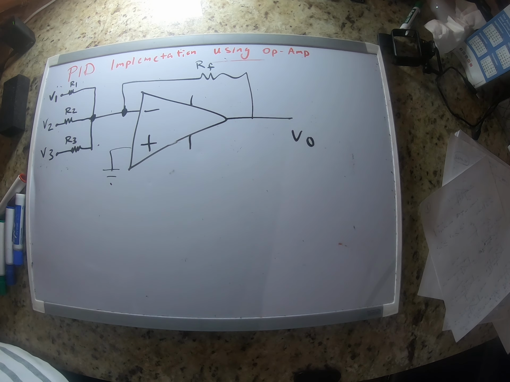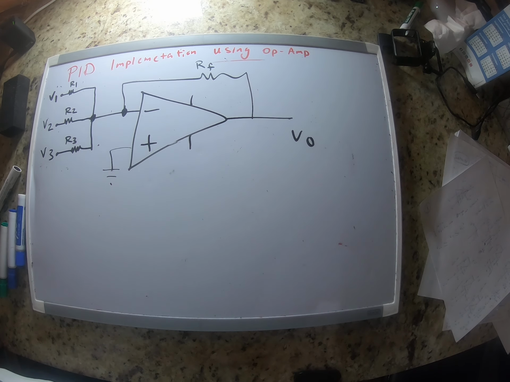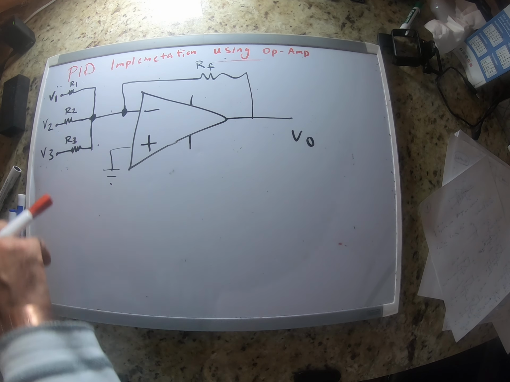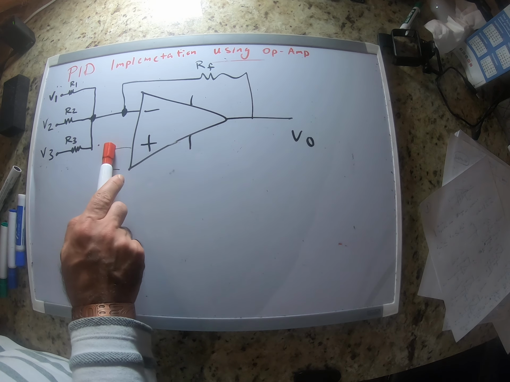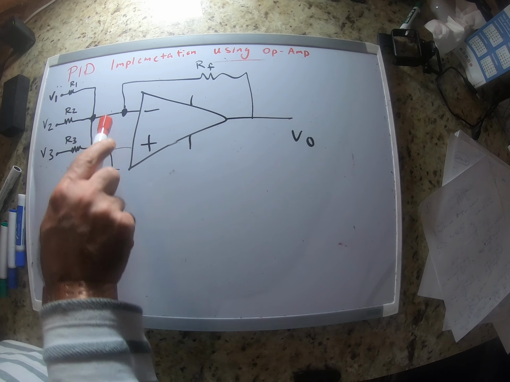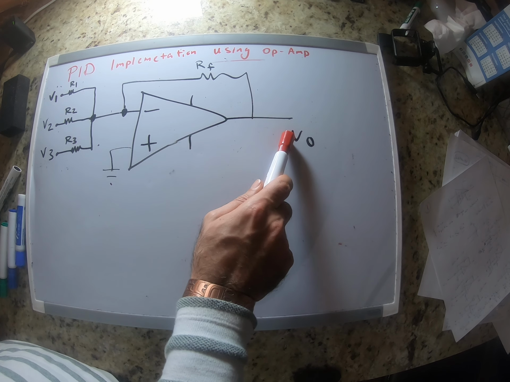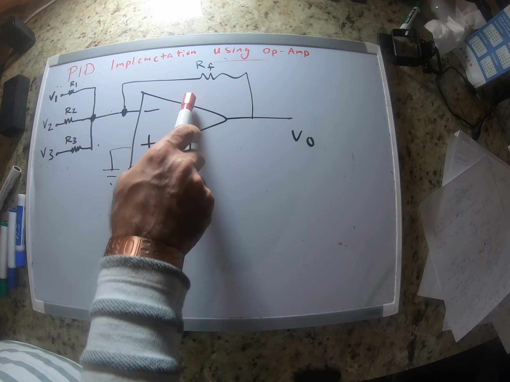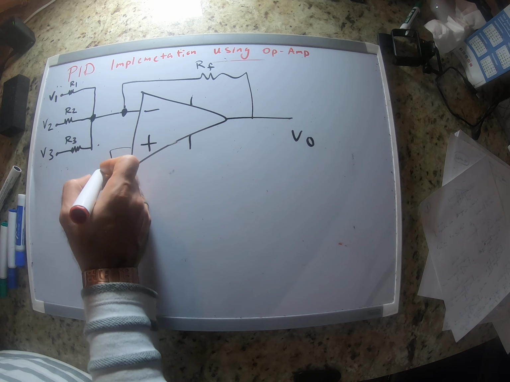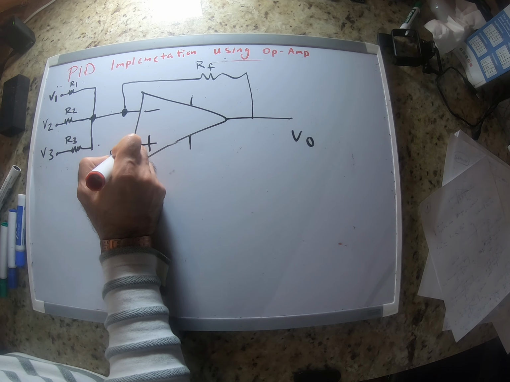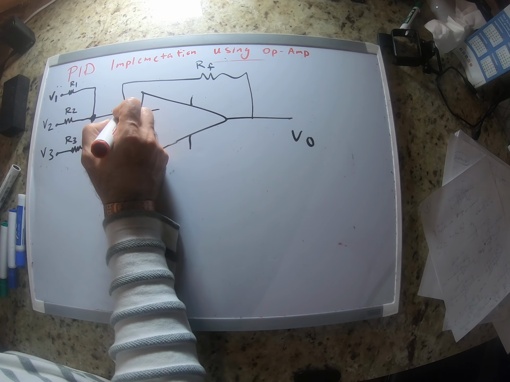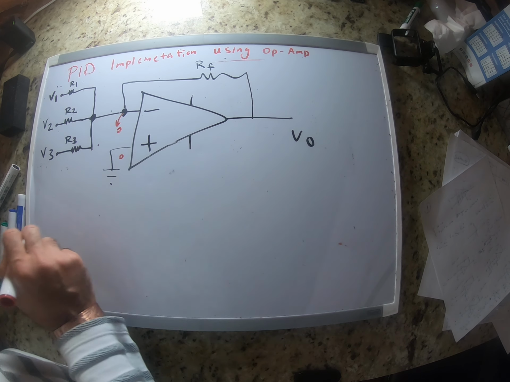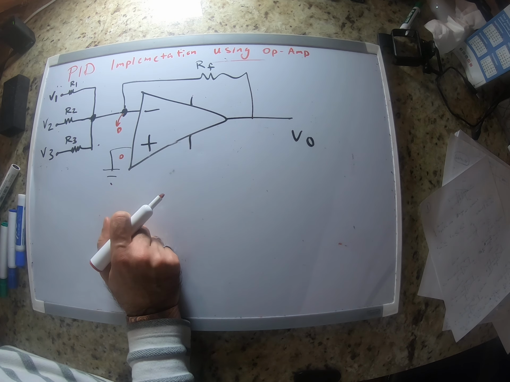Okay, so again, because we have negative feedback, op-amp can make sure that this voltage and this voltage are almost the same as long as our output voltage is between these two power supplies. So because this pin is grounded, its voltage is 0, we're going to have a virtual ground here.